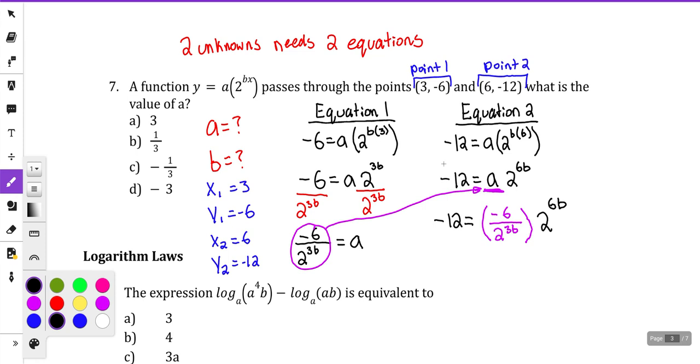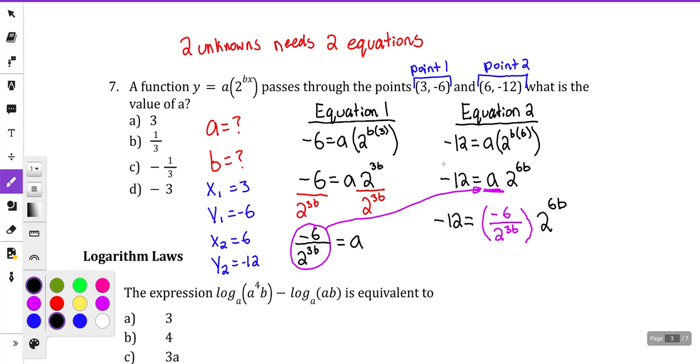This leaves me with one equation that now only has one type of variable. The only letter left here is b. I can solve one equation that has only one letter, or one unknown thing. I just need to isolate that letter b. To do that, we have to do a little bit of exponent laws, so like reminders of how things work here. So looking at this, these things are multiplying together.